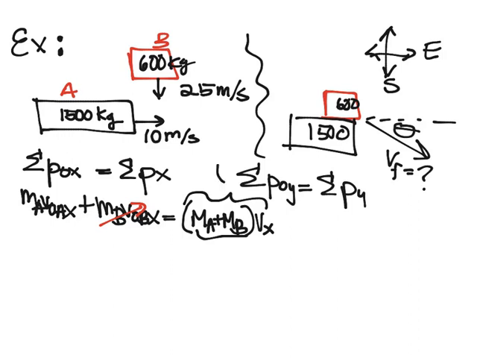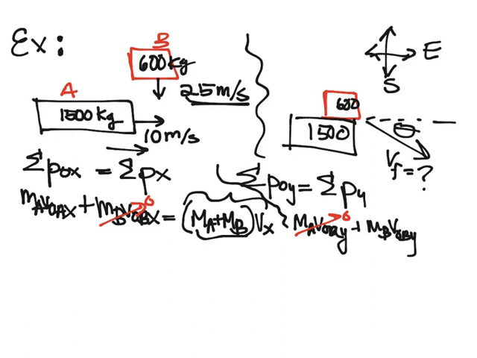In the y direction, I have at the beginning MA V naught AY. Okay, so the velocity of object A in the y direction. Notice that A is only moving to the side and not up and down, so this will be 0. Plus MB V naught BY, which we see is 25.